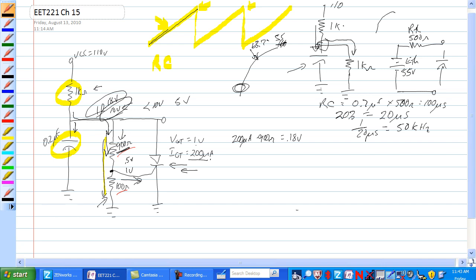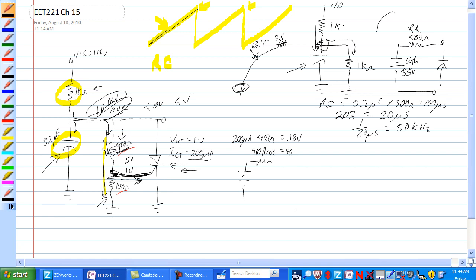How much current actually goes into this when we have 1 volt? Let's see. To do this, we have to use our friend Thevenin. You look at the circuit from the standpoint of the gate here, because this is the load. What you see is the cap as the source, and so you short it to ground, and you see a 900 ohm in parallel with a 100.